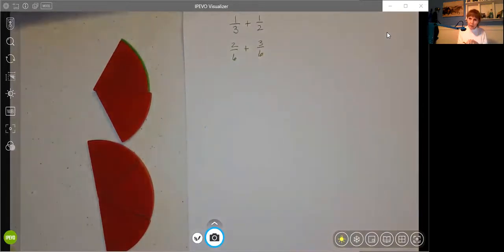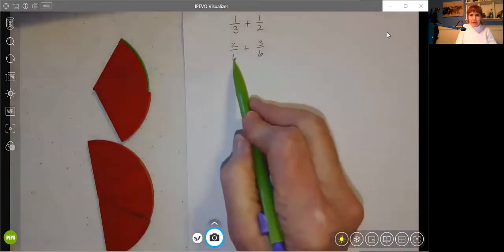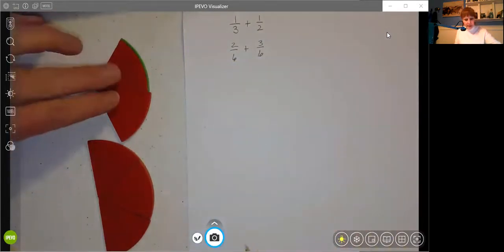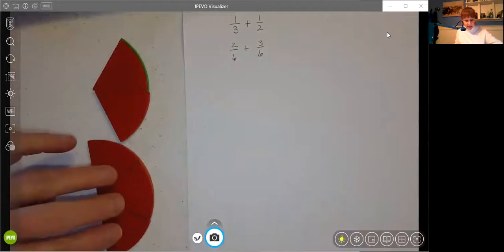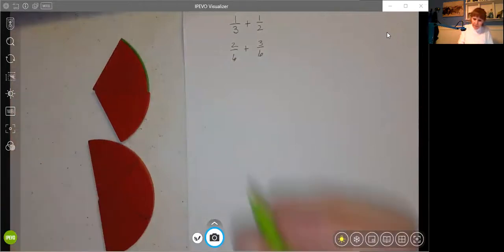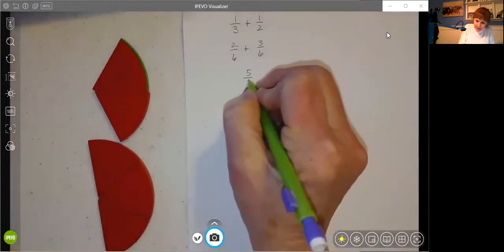Now you can add or subtract, depending upon what they want you to do, but here we're going to add. So I have 2/6 rather than 1/3; they're equal, you've just written it differently with different size pieces. If I take 2/6 and add 3/6, I have 5/6.